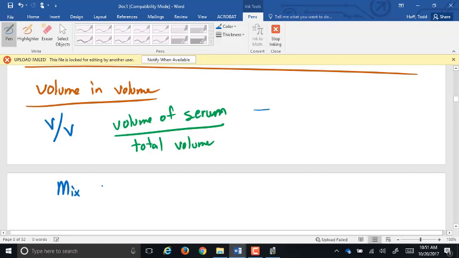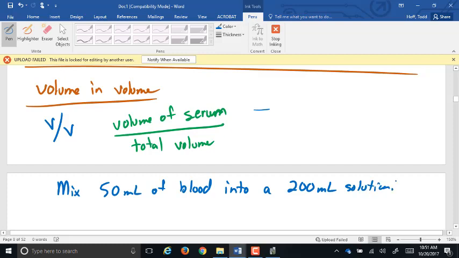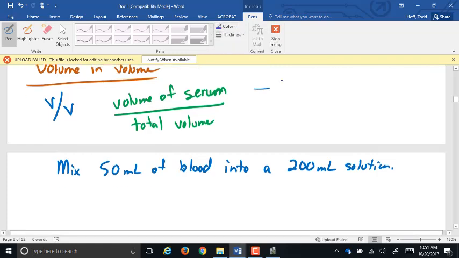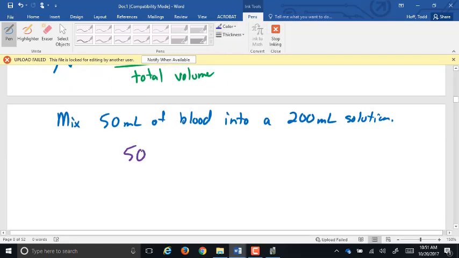So if we mix 50 milliliters of blood into a 200 milliliter solution, the concentration found would be, well, 50 milliliters of blood is our serum. 200 milliliters is the total solution.